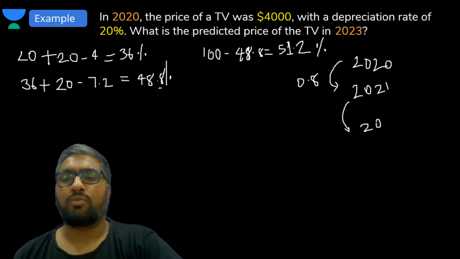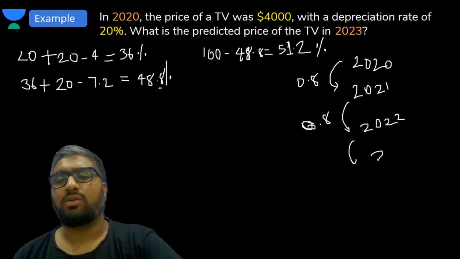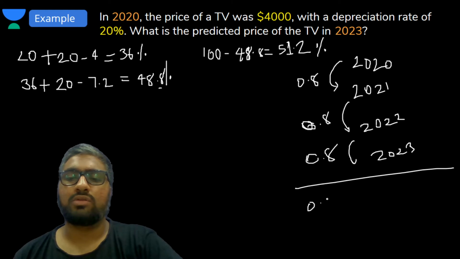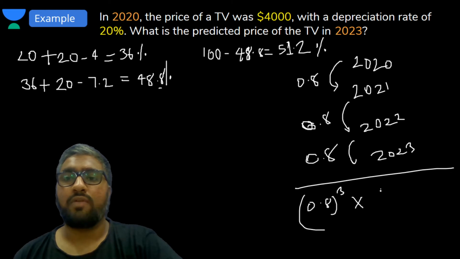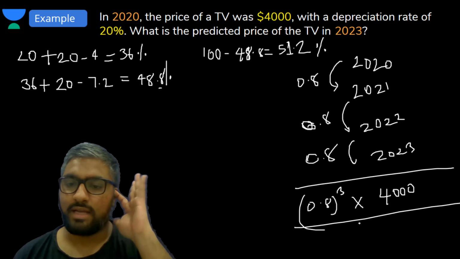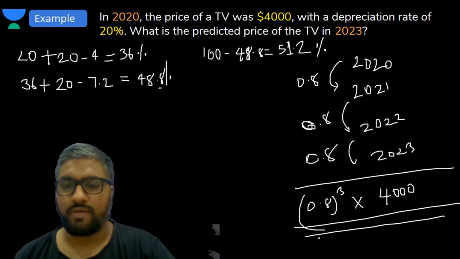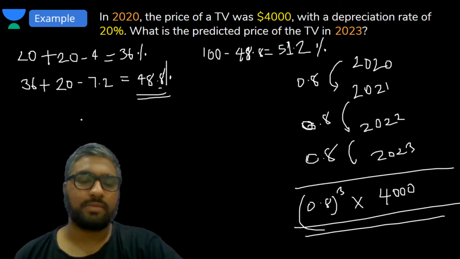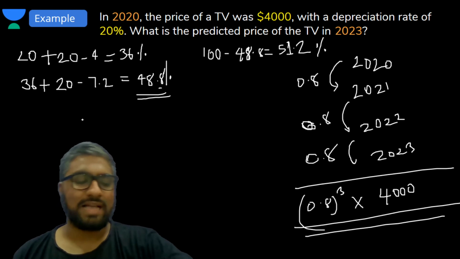Next again from 2021 to 2022, 0.8 times, and from 22 to 23, in total reduce 0.8 of how much? Of 4,000. Got it? So this will be the final value, not the reduced value. Clear? Reduced value will be how much? 48.8. So that's depreciation.